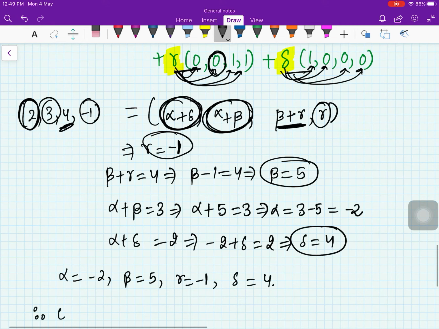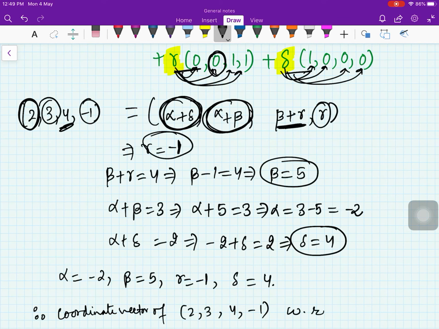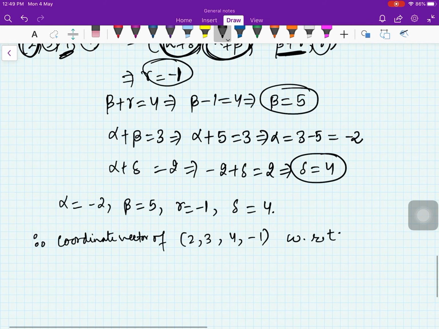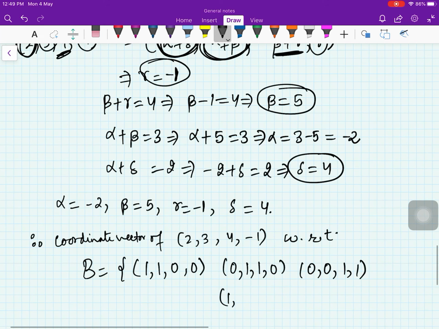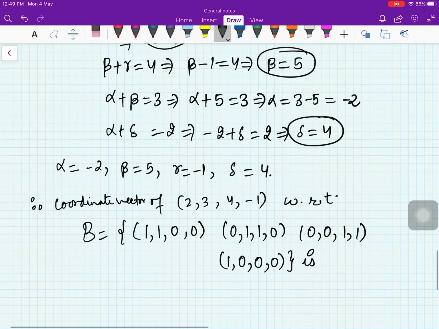Therefore, the coordinate vector of (2, 3, 4, -1) with respect to the new basis B, which is (1, 1, 0, 0), (0, 1, 1, 0), (0, 0, 1, 1), (1, 0, 0, 0), is alpha is -2, beta is 5, gamma is -1, delta is 4.